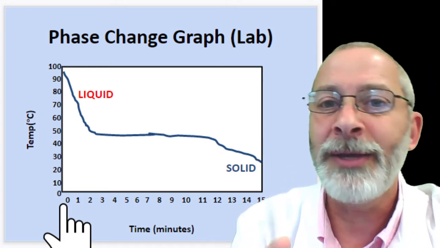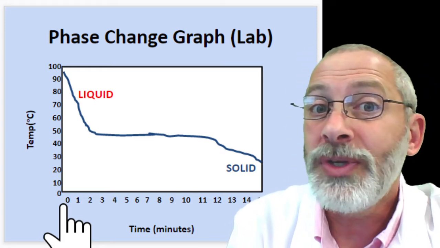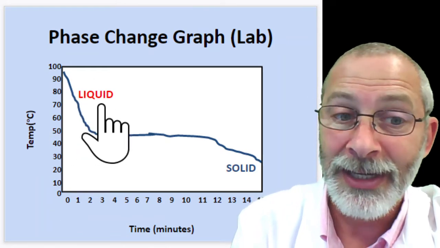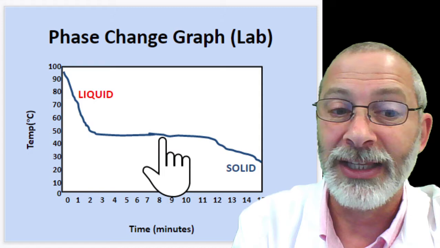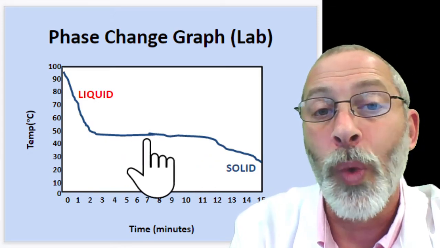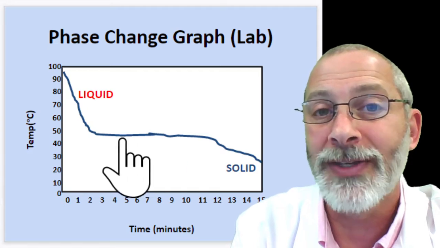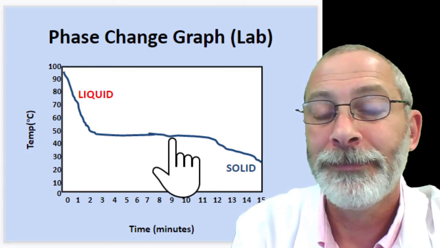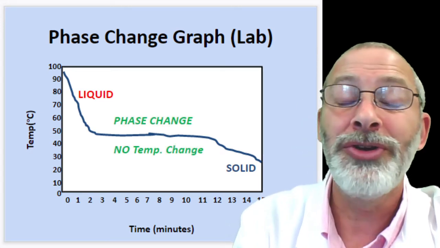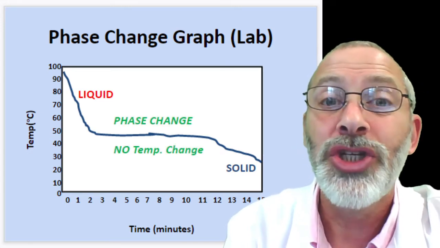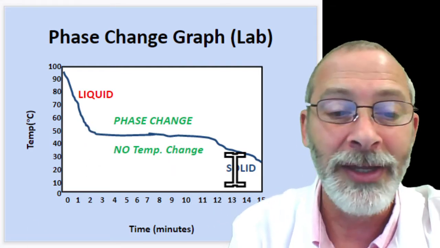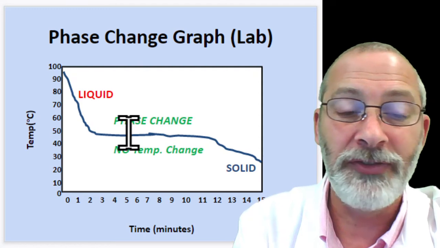What was taking place at the time between liquid and solid at this point in your graph right here? What was happening to the wax? Hopefully you said it was, well, freezing or undergoing a phase change. Going from a liquid to a solid is called freezing, and that is a change in phase.